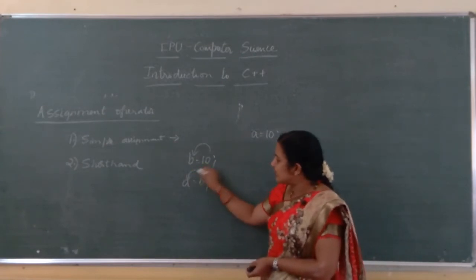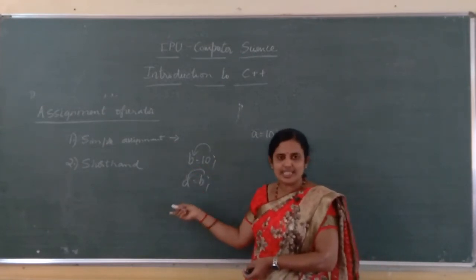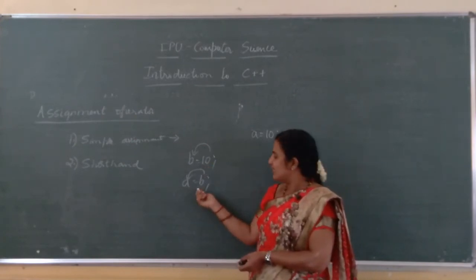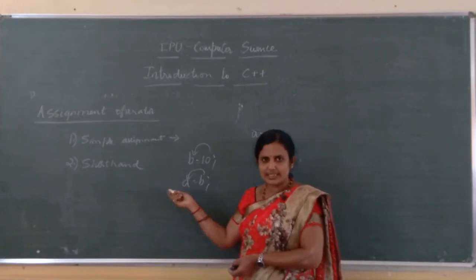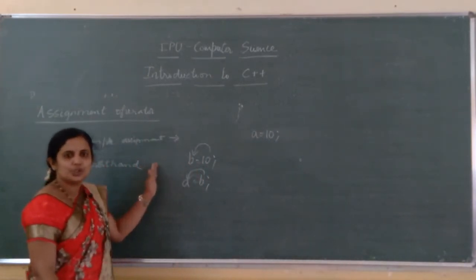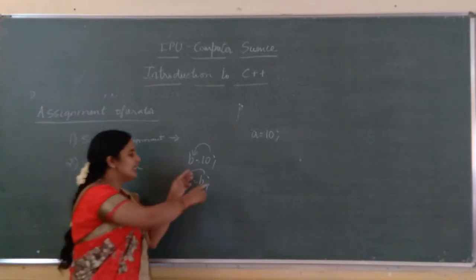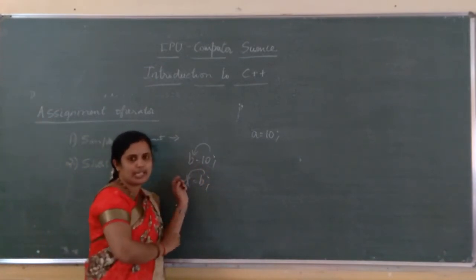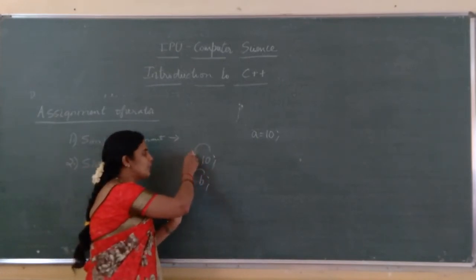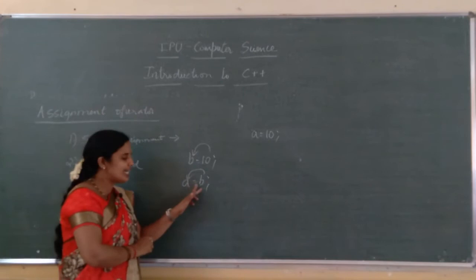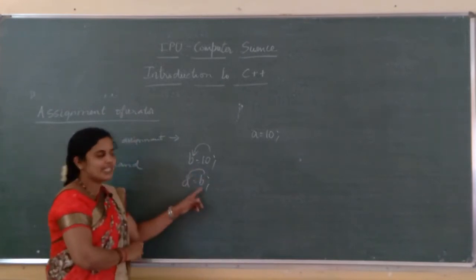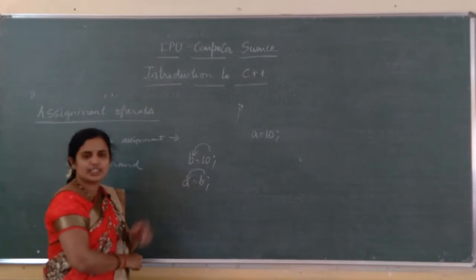B's value is assigned to A. What is the value of B? B is 10. 10 is assigned to A. Is it clear? Why is this assignment operator used? It is used to assign a value from the right operand to the left operand. If I write B is equal to 10, 10 is assigned to B. Next A is equal to B, B's value is assigned to A. B is 10, so 10 is assigned to A.